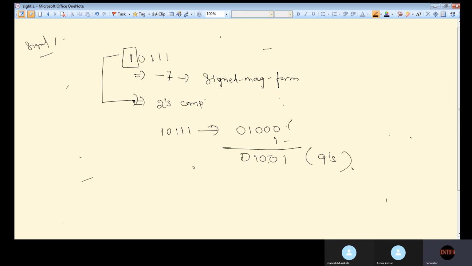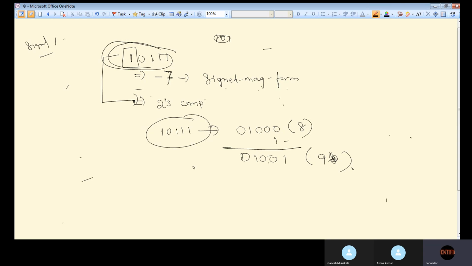In ones complement form, the ones complement of this number is 8. So what I am trying to tell you is, if you take this binary number, its equivalent is -7 in signed magnitude form.